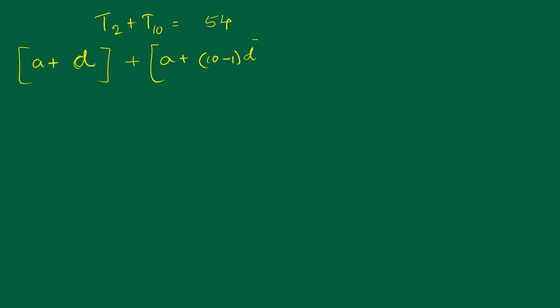Here you get t2 plus t10 is equal to 54, right? Then t2 means a plus d, right? For t2 you just add 1d to a. Plus a plus 10 minus 1 into d equal 54.